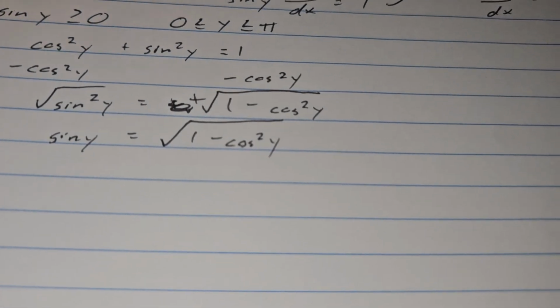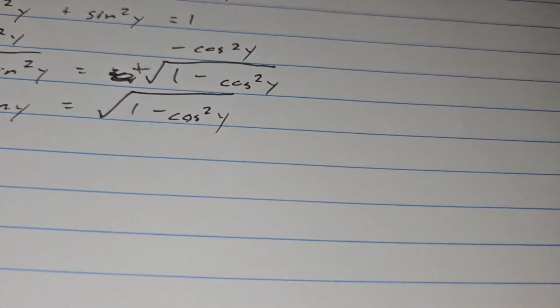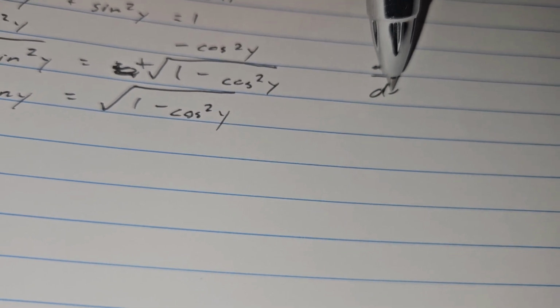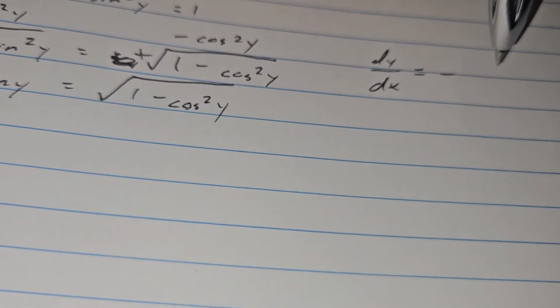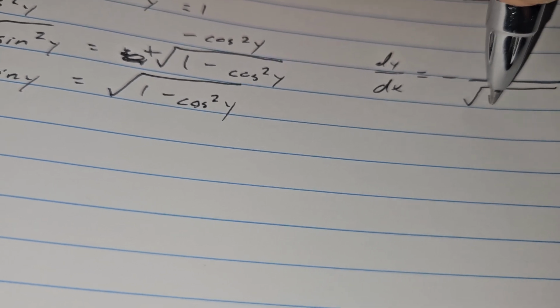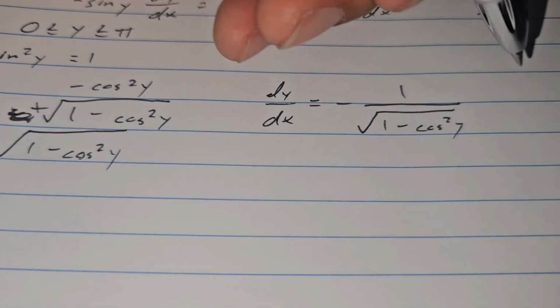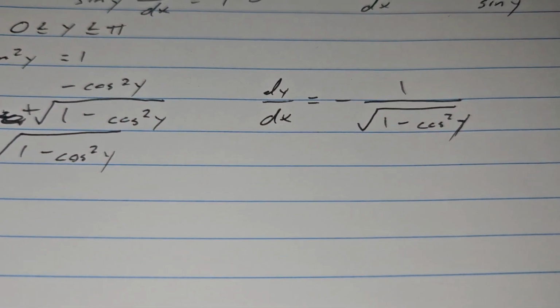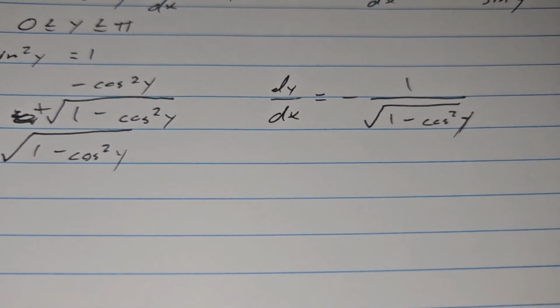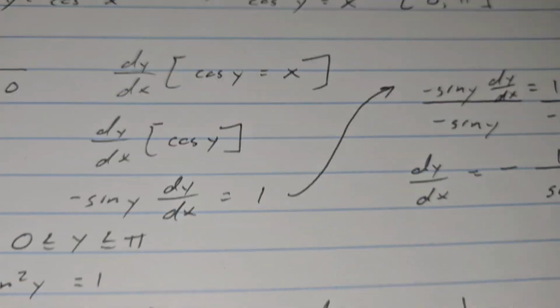So let's go ahead and replace the sine y right here with this. So now we're left with dy/dx is equal to negative 1 over the square root of 1 minus cosine squared y, right? And what did we say cosine y was equal to?